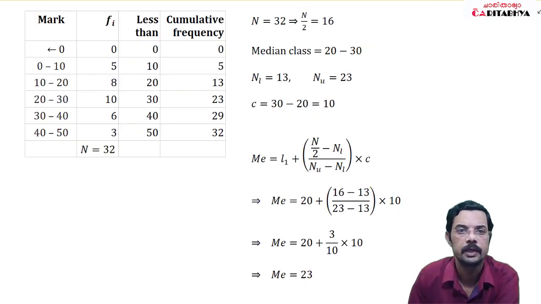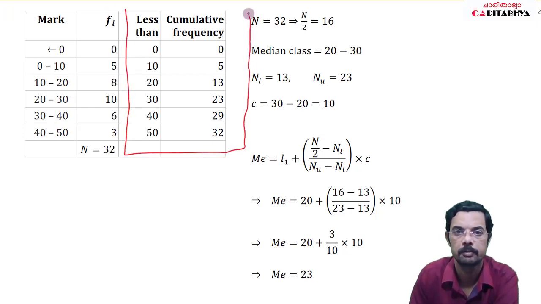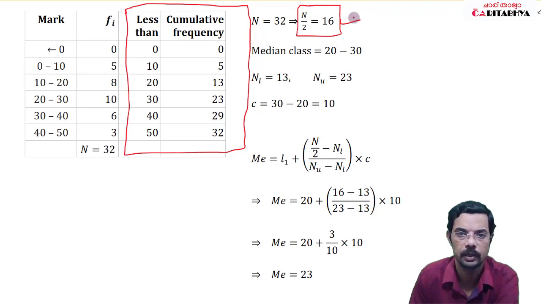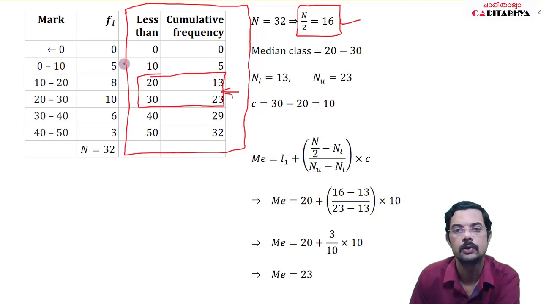What we did: first, we prepared the less than type cumulative frequency table, and from that table we found N by 2, which was found to be 16. Once you find 16, locate those two values between which this 16 lies, and then focus on those two rows.